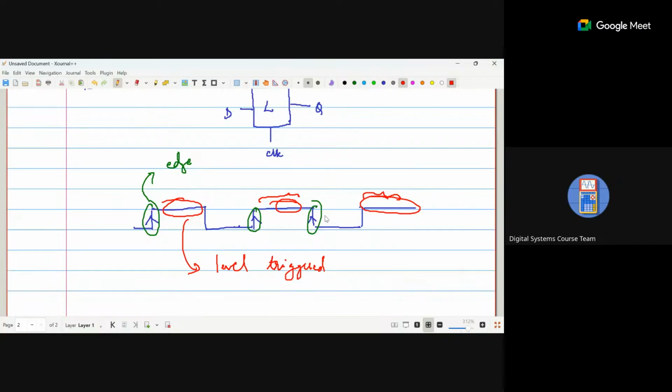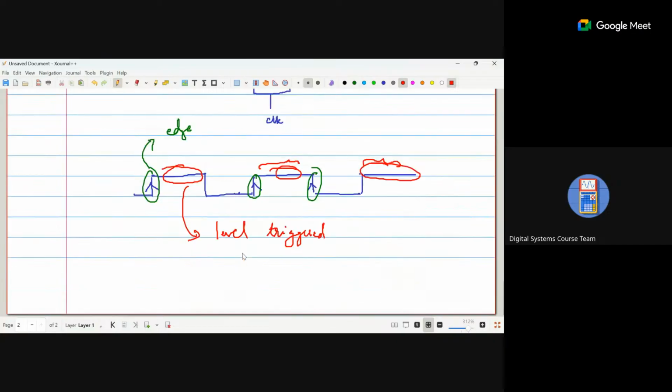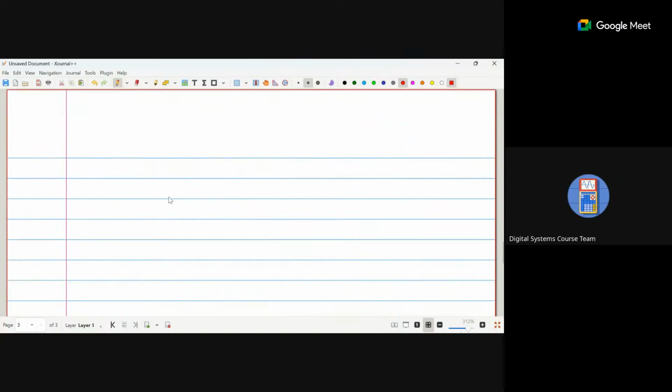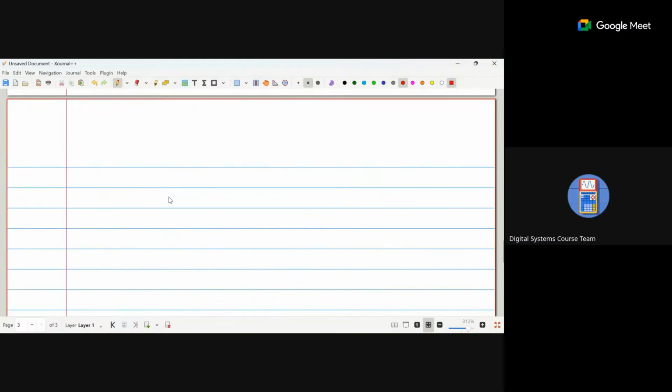Okay. So now moving on to the latch in detail. Let's say we have a clock signal. Let's draw a clock signal now.